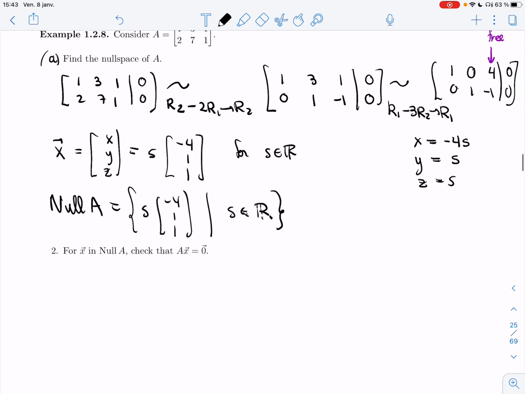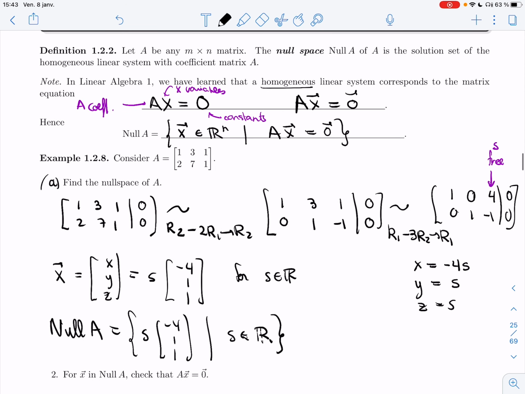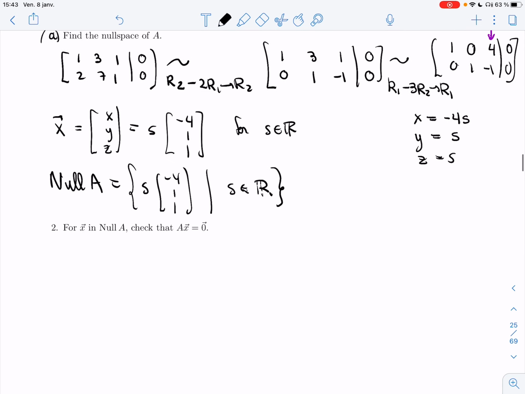All right, in the notes, we linked this null space back to every vector that gives you 0 when you multiply it by A. And so let's just check. I'm going to take X to be, this is part B, for X in null of A, let me take this X. I want to check that A times X is 0. So A was 1, 3, 1, 2, 7, 1.